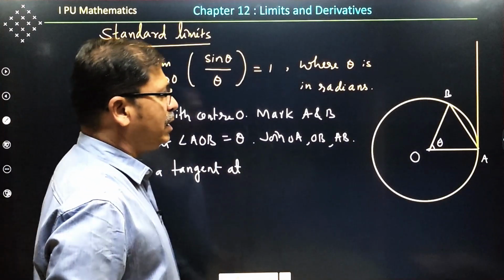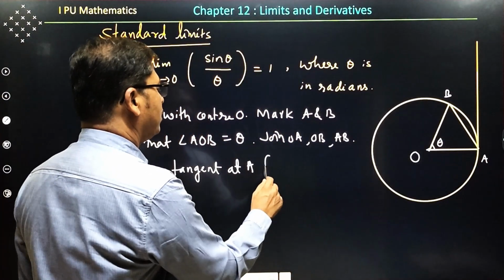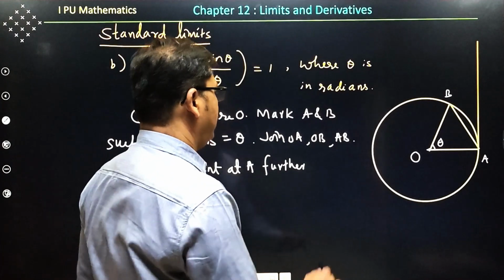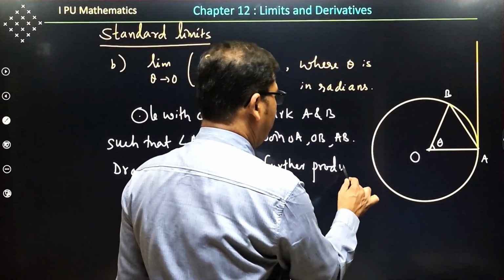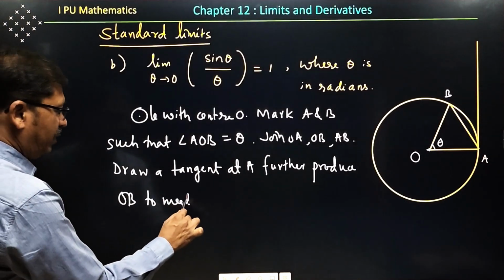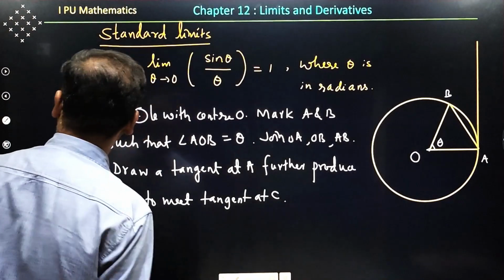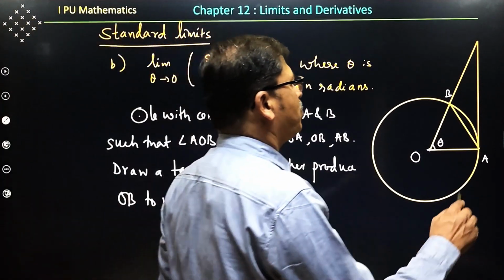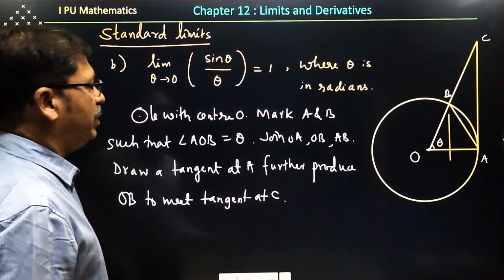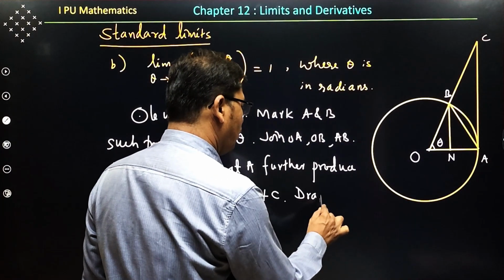I have drawn the tangent at the point A to this circle, and then further produce OB to meet the tangent at C. Take this point as C. And then lastly, I would like to draw BN perpendicular to OA.